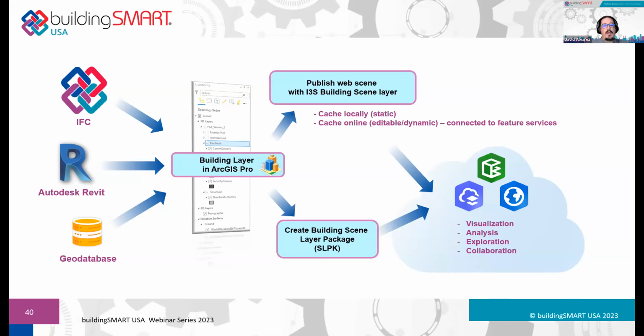Because I have those feature services, I can now connect to a SAP system, for example, for work orders, or I can connect to Maximo. So that gives me additional capabilities: I'm not just using my digital model, my geometries and the attributes that were created, but I also have additional information that I can use to make decisions.